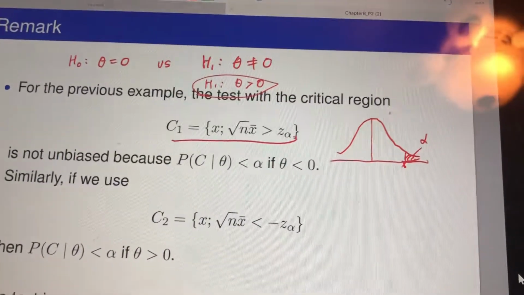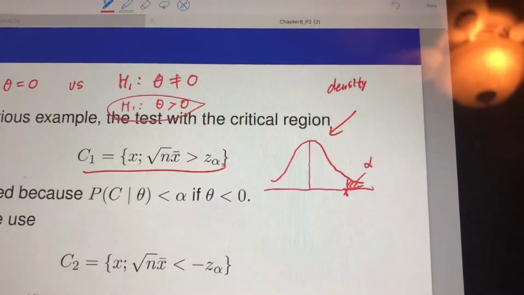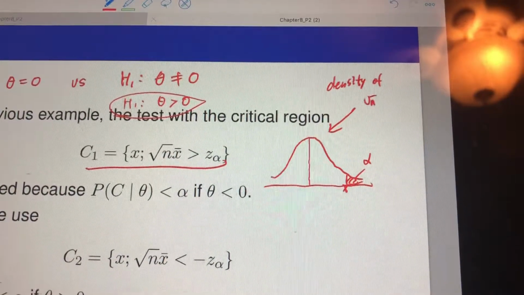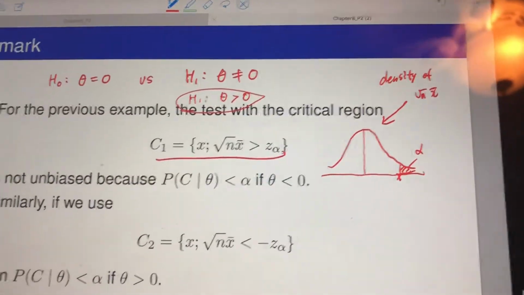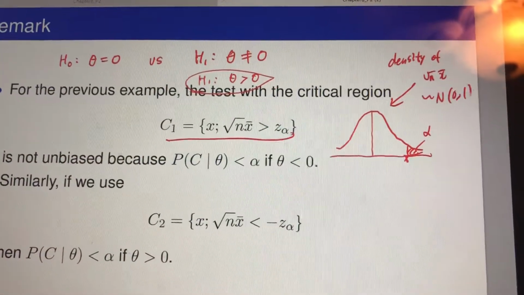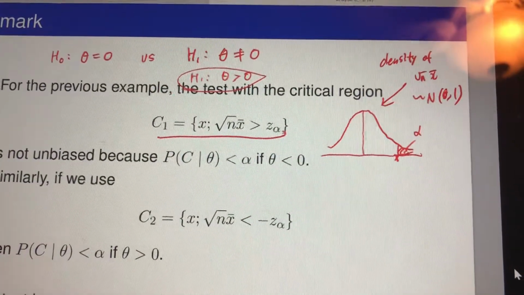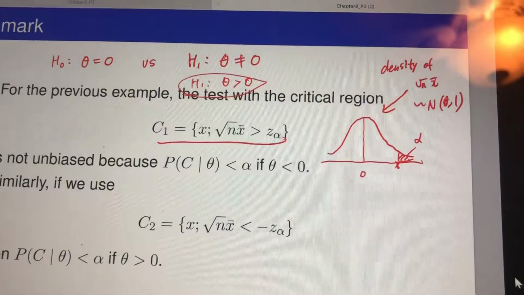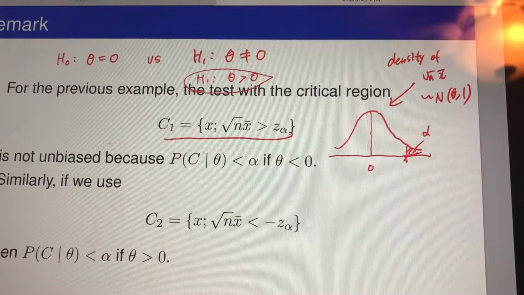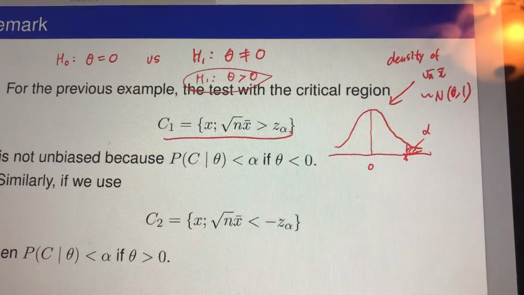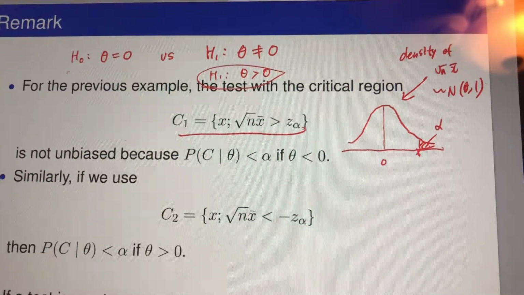This is the density function of this random variable, which is normal with variance 1, depending on which theta, but under the null hypothesis it is normal 0, 1. So this is our test, and the question is: is it unbiased?